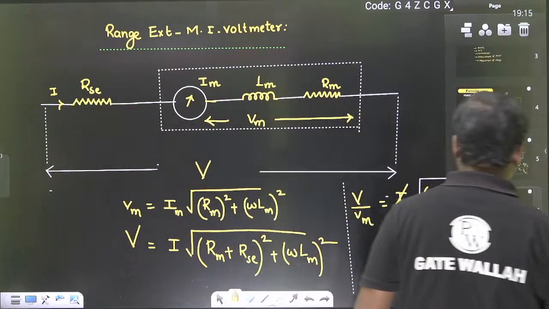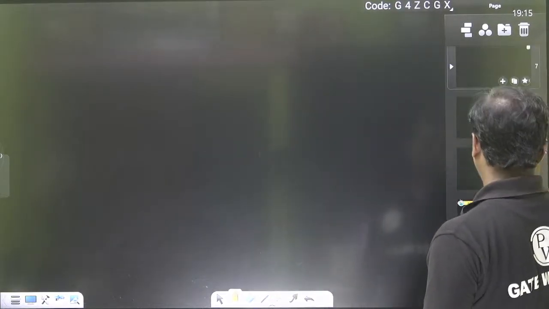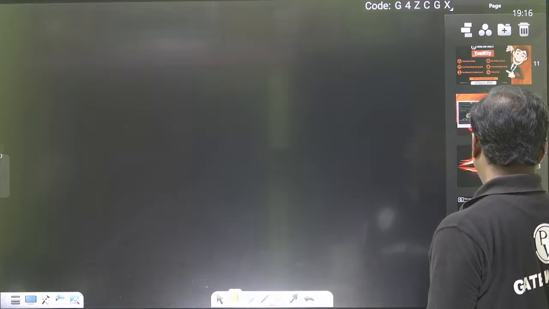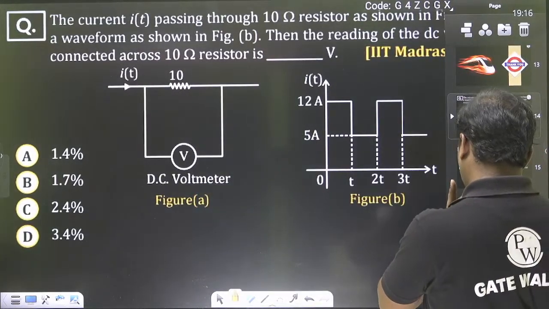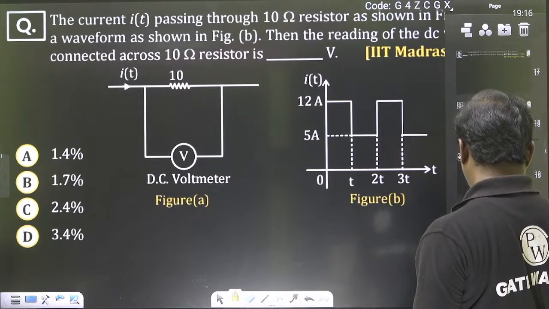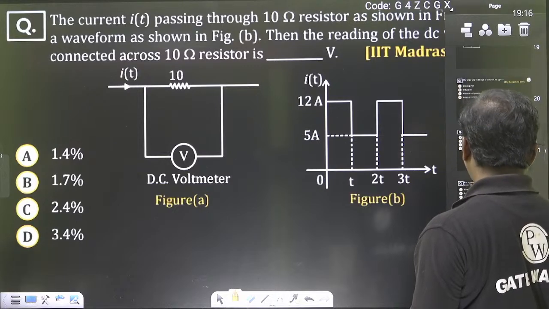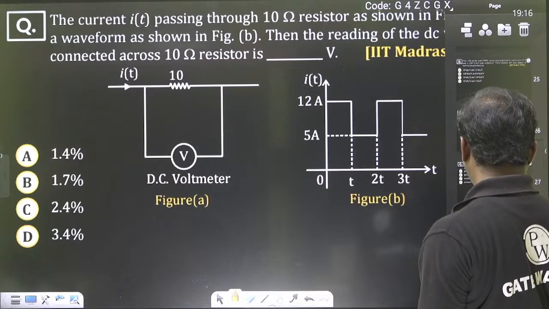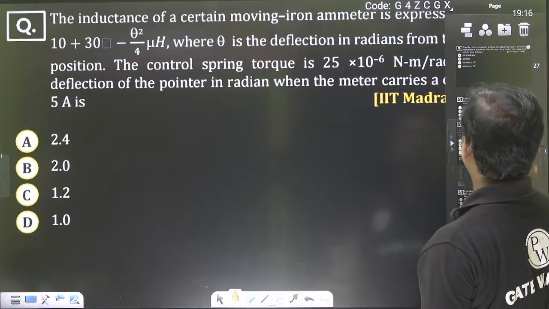Next, similarly, let's go for some numerical questions on this. Try to answer this question.